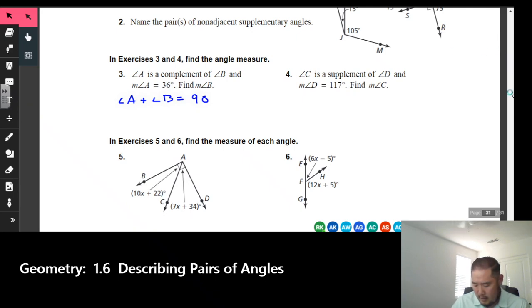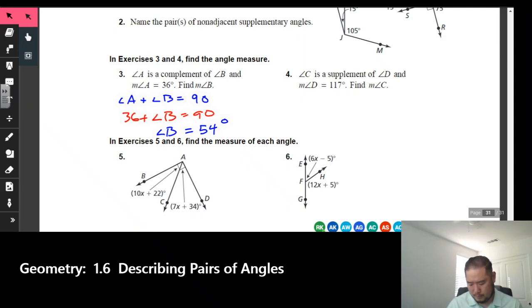So since I know what angle A is, that's 36, plus angle B equals 90, you go ahead and subtract 36 from both sides, and angle B happens to be equal to 54. And there's the measure of angle B. If we take a look at number 4, similar ideas. Angle C and angle D are supplements of each other, meaning that they equal 180.